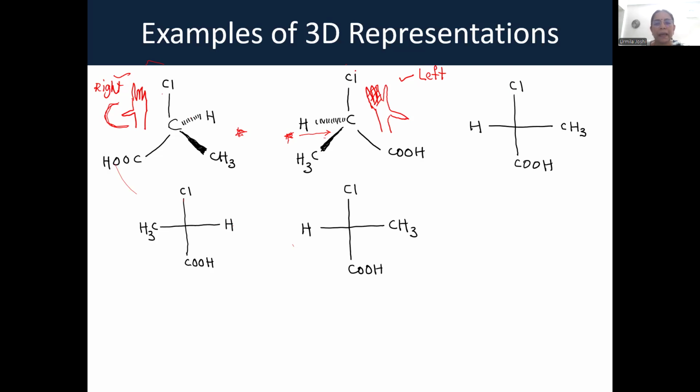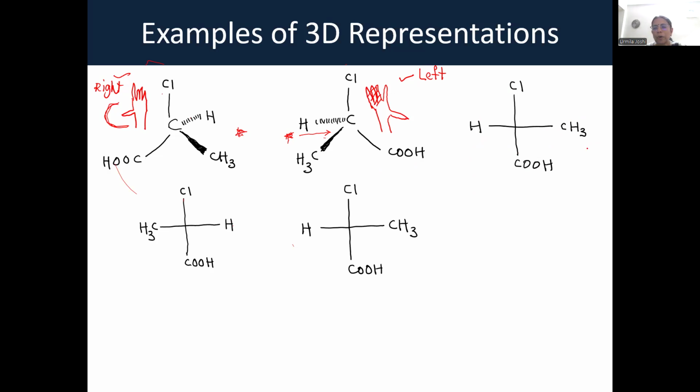I will repeat again. Look at the two lines in the plane of the paper or on the screen and hold your hand such that other fingers point upwards and the thumb points just like the COH. Okay, so you will require your left hand for this. When you do that, write Cl and COH on the vertical line and the thick line substituent or the wedge substituent will be towards the direction of the thumb.